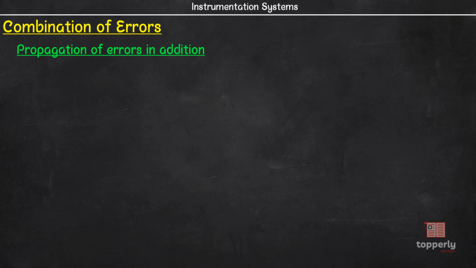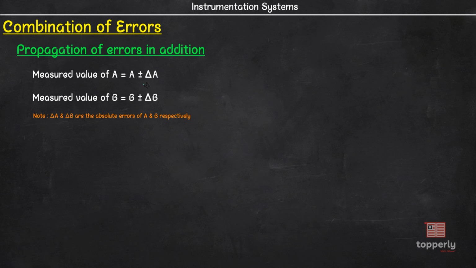First, take the errors in addition. Suppose two physical quantities A and B have measured values A plus or minus delta A and B plus or minus delta B respectively. Note that delta A and delta B are the absolute errors in A and B respectively.